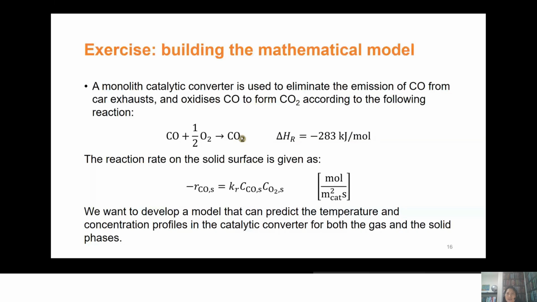You know from your previous modules and our past lectures how to write a general reaction model, so it will be easy to extend this model to include other species and reactions.